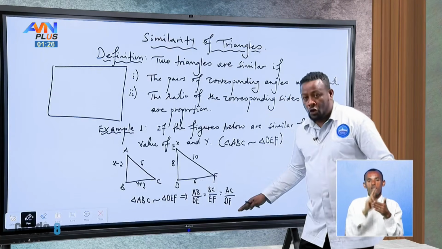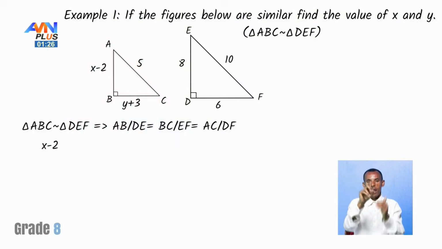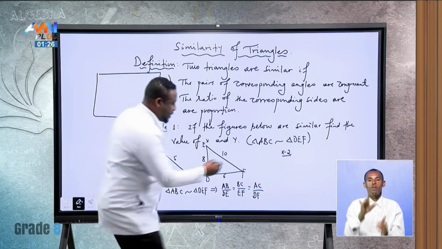From this ratio, AB is x minus 2, over DE is 8, okay?